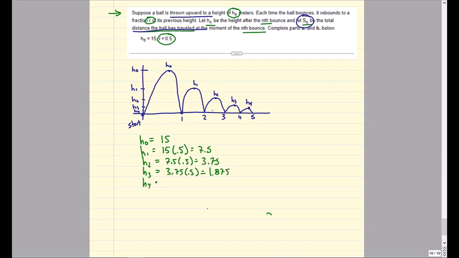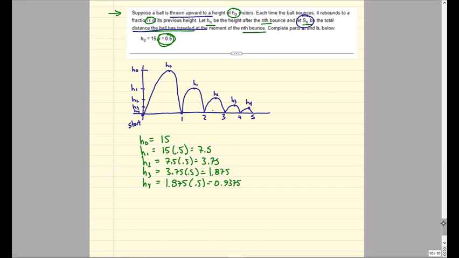And so you get the idea of what's going on. It would be half the height, so the 0.5. Now you could have a problem where you're not given 0.5, you might be given 0.4 or 0.8, so you have to look at the value that you're given. So here I'd have half of 1.875, and I'd have 0.9375. Okay, so I could keep going on and on, but this is enough to get started.